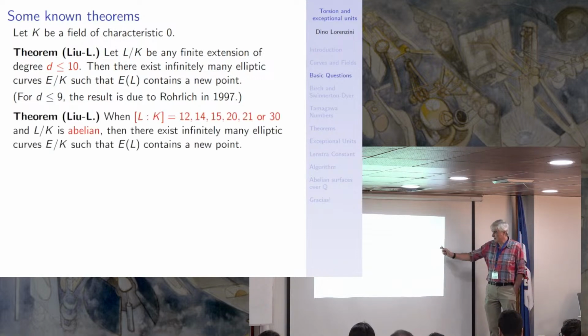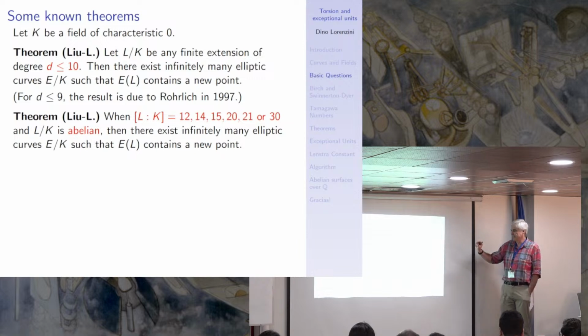But you can do some extra degrees, right? 12, 14, 15, 20, 21, 30, if you ask for the field to be an abelian extension of a number field, right? So again, now you start looking in more details of what's going on, but you still cannot go to large degrees.